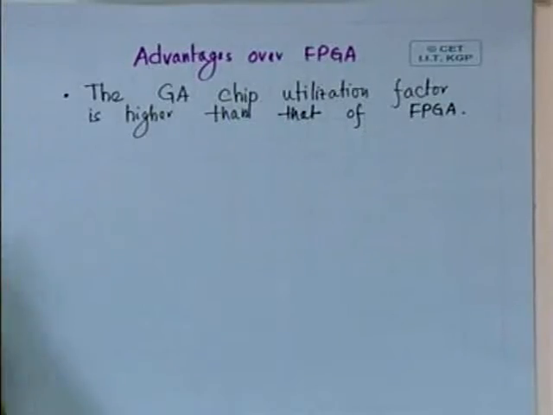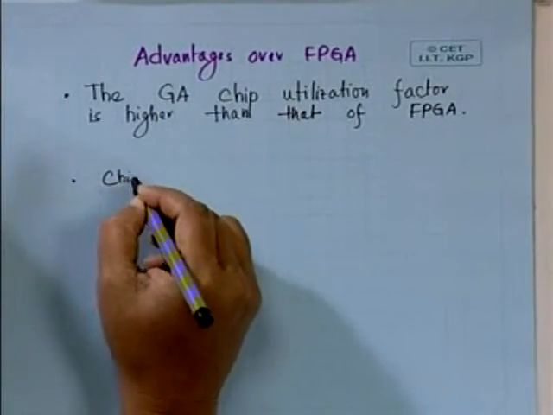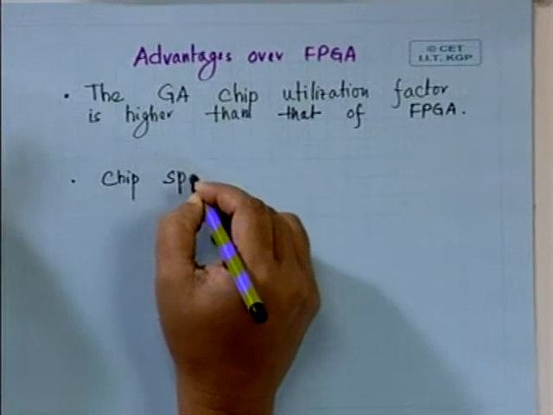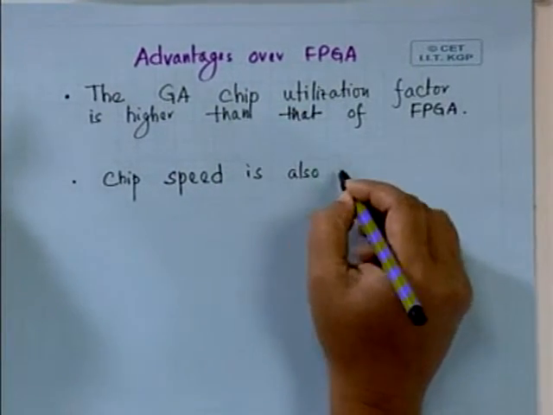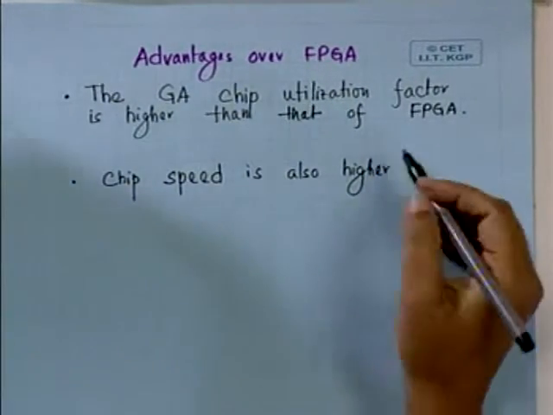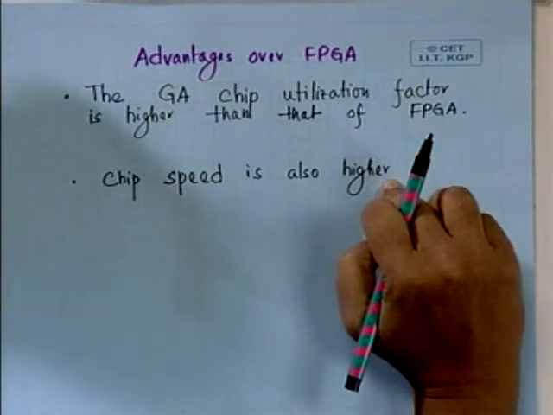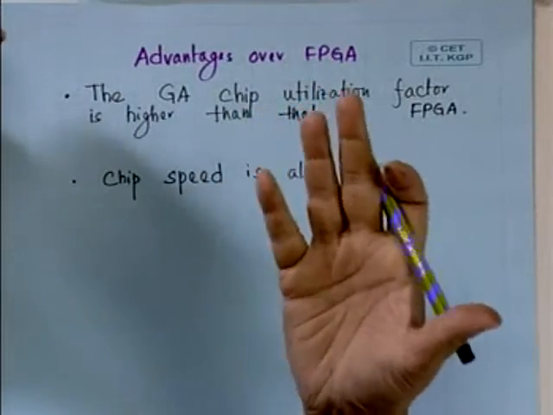Okay, so utilization. Now, chip speed is also higher. This is mainly because here the basic element is the transistor, not those upper level modules.